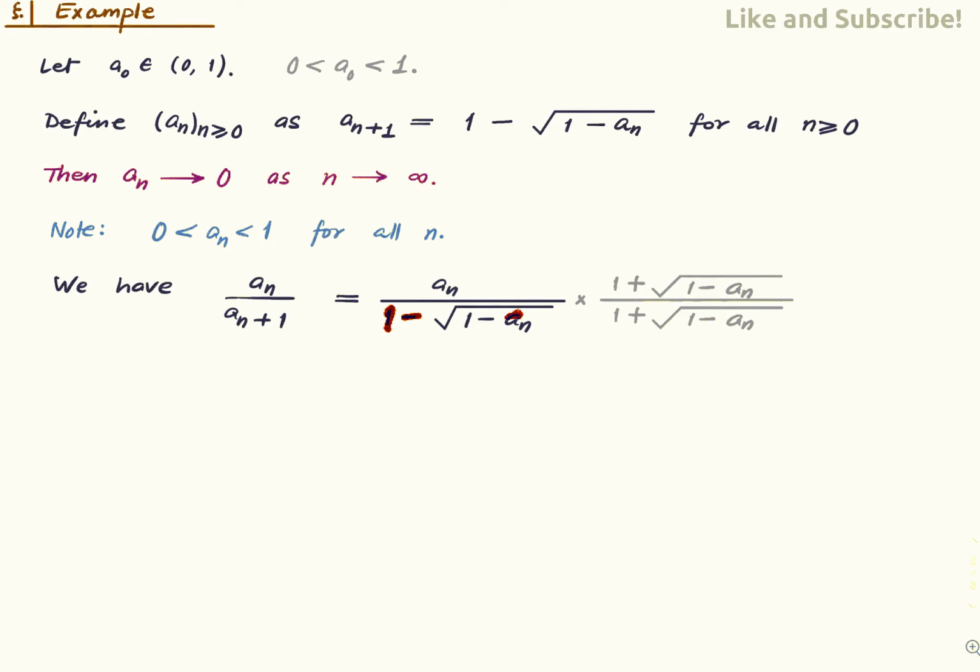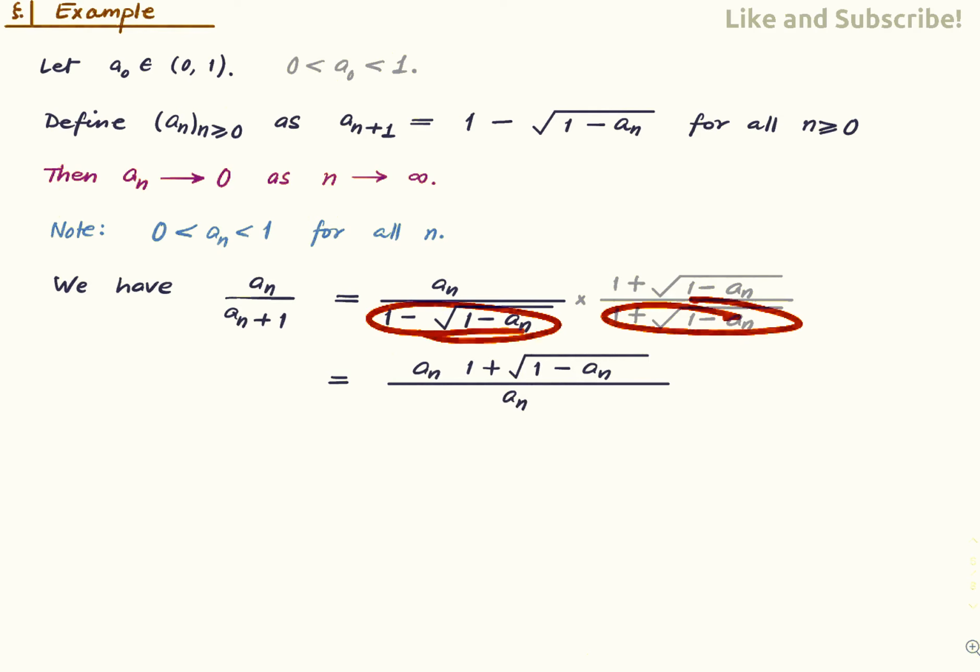So we have this is equal to that thing, but 1 minus something times 1 plus something, you just do your high school thing. So this becomes an times this quantity, and the denominator is actually an. So this times that is an, just note that. And here I should have put a bracket.